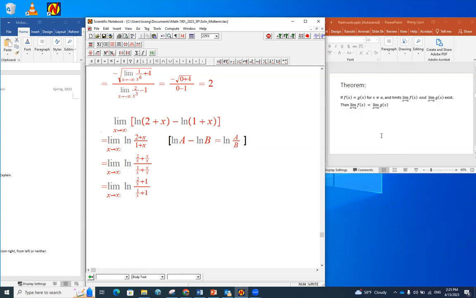Now, we're going to apply this property, this theorem. Okay, f is continuous, right? Each individual has a limit. And ln x is a continuous function. So we're applying this theorem, theorem number 8, in a continuous function setting.